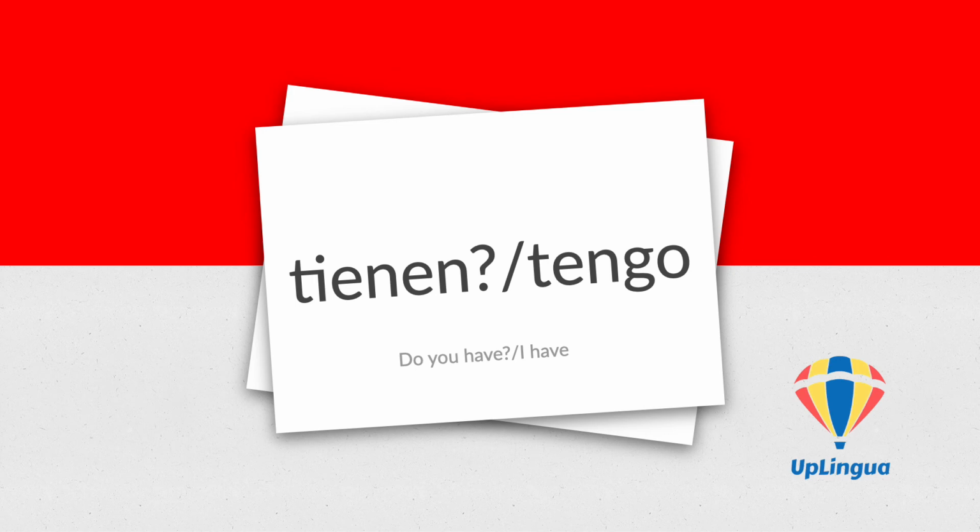Tengo. Think of the word tango, but with an E where the A would be. Tango becomes tengo. Let's pronounce both words with me now. Tienen, tengo.